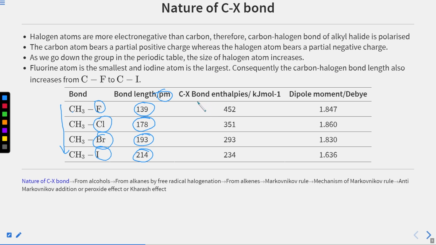And next is the bond enthalpy. Since bond length is smaller, we will have to put up more energy to break this bond. Therefore, this has the largest bond enthalpy. Then we have 351, then 293 and 234. Talking about this bond enthalpy, this is for 1 mole of a bond. So if you take 1 mole of C-F bonds or 1 mole of C-Cl bonds, the energy that is required in kilojoules to break those bonds, that value is mentioned here.